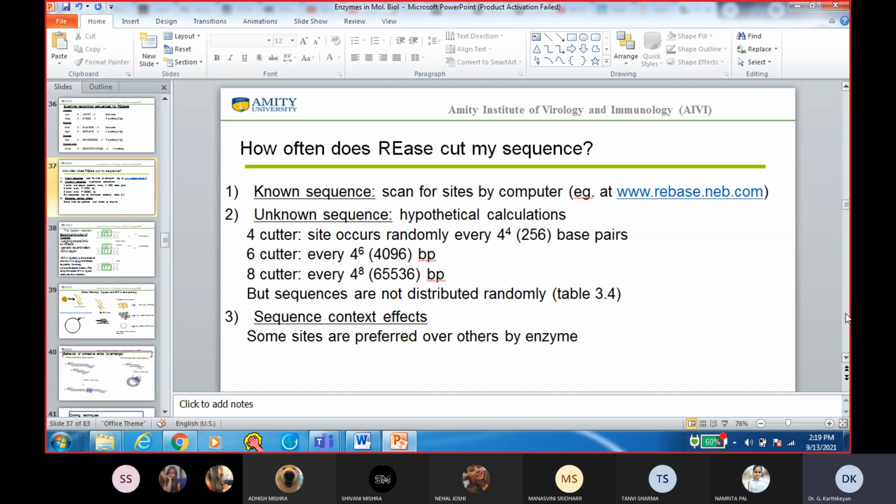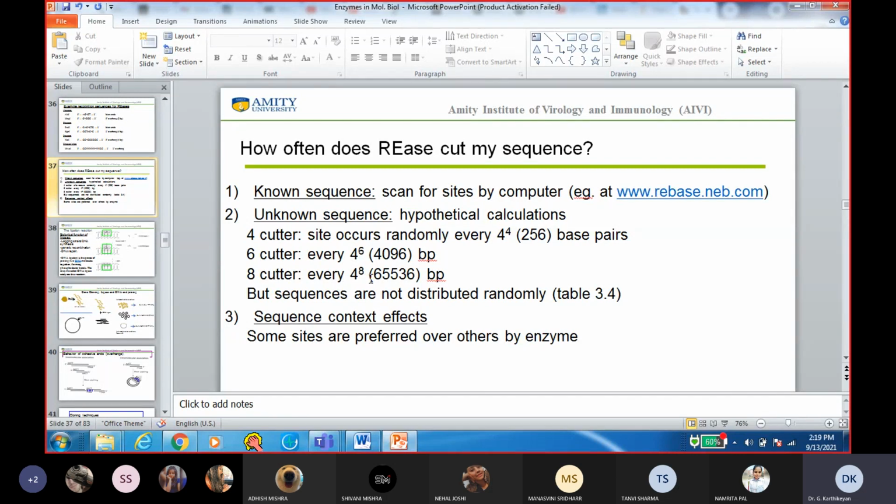If you look at the frequency with which each of these is supposed to cut, it is given by a simple mathematical formula. There are four base pairs: AT, TA, GC, and CG. Four bases to the power 4 or 6 or 8, depending on how many it recognizes.